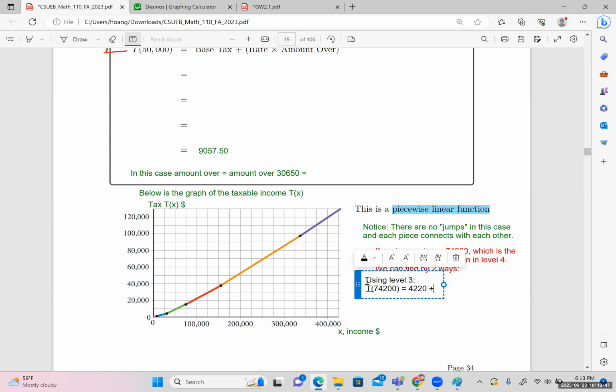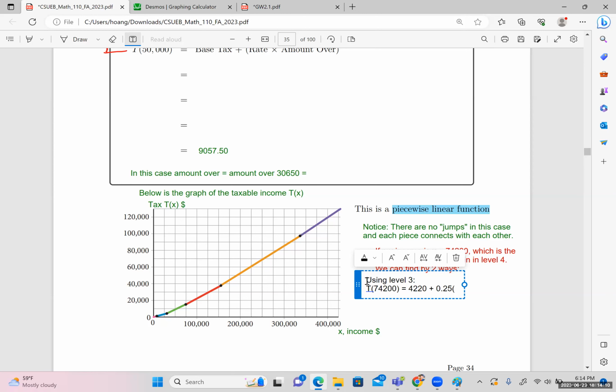and plus with the rate, which is 0.25, 25%, right? And then multiply with the amount over. So what is the amount over in this case?